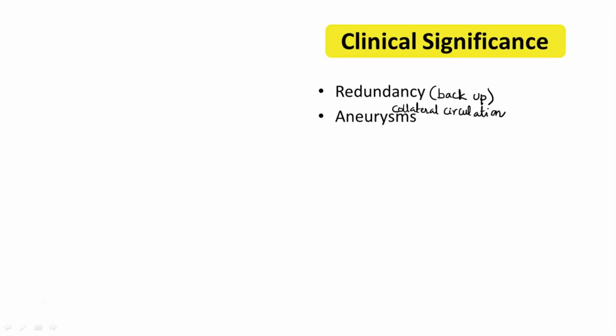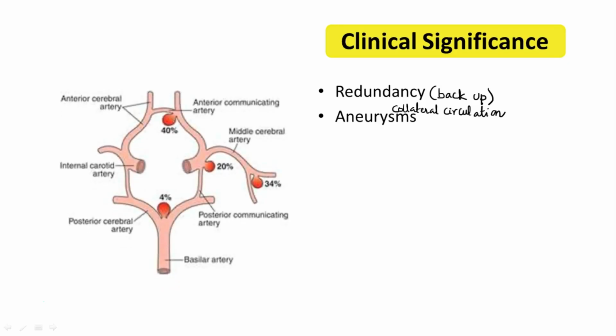And what is the second clinical significant point? It is aneurysms. The image shown here shows berry aneurysms. You can see the berry aneurysms here. This is the circle of Willis part, and there is an aneurysm coming from the anterior communicating artery and anterior cerebral artery. So this part above this dotted line is anterior circulation.